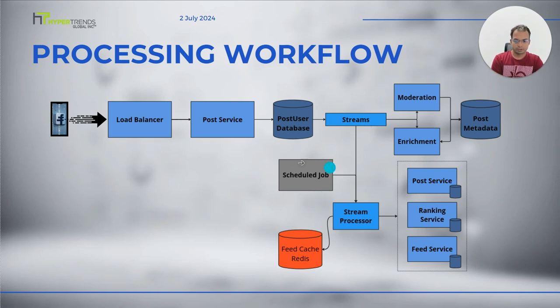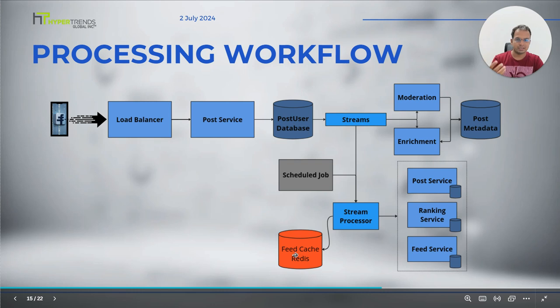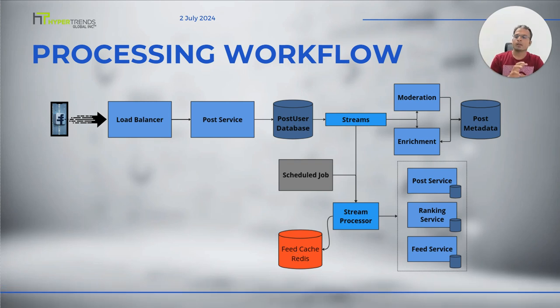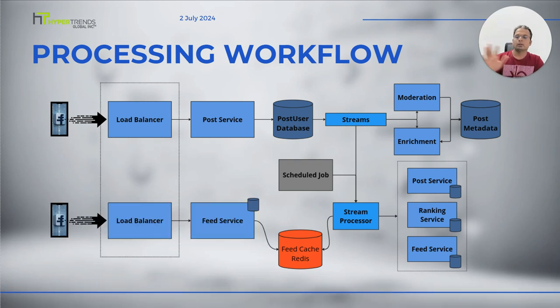That scheduled job will trigger the stream processor that will find the relevant data, process it, already make it sorted, and ingest it in the appropriate data formats in the Redis, and then that will be fed to the consumer, right? So this is the push model.